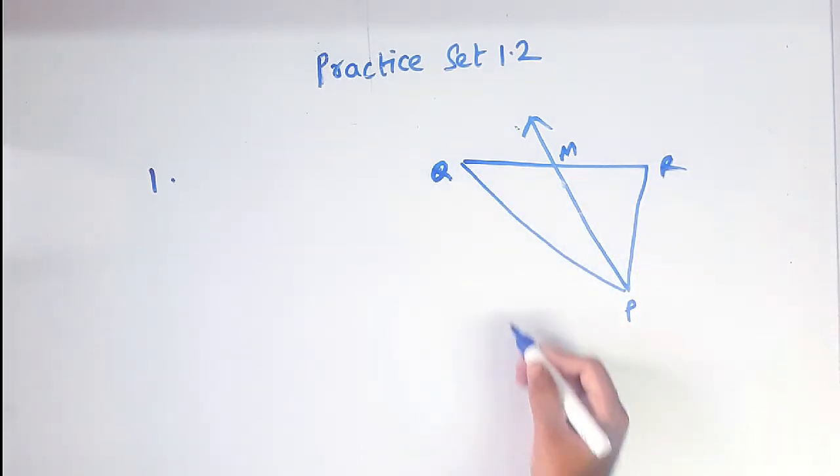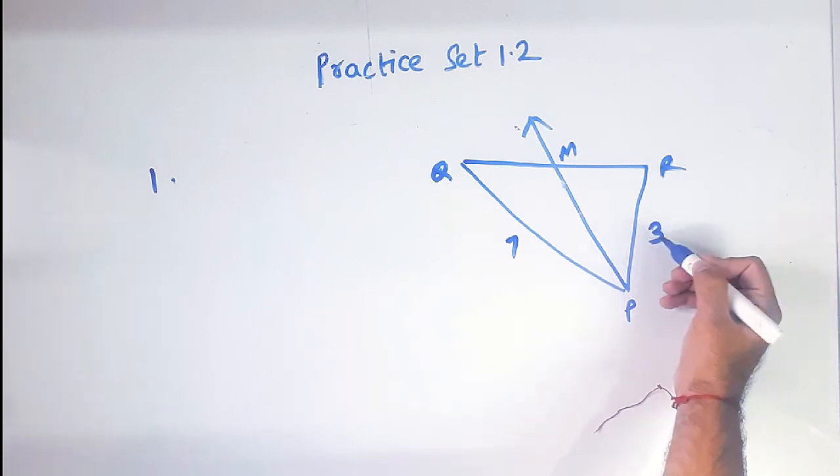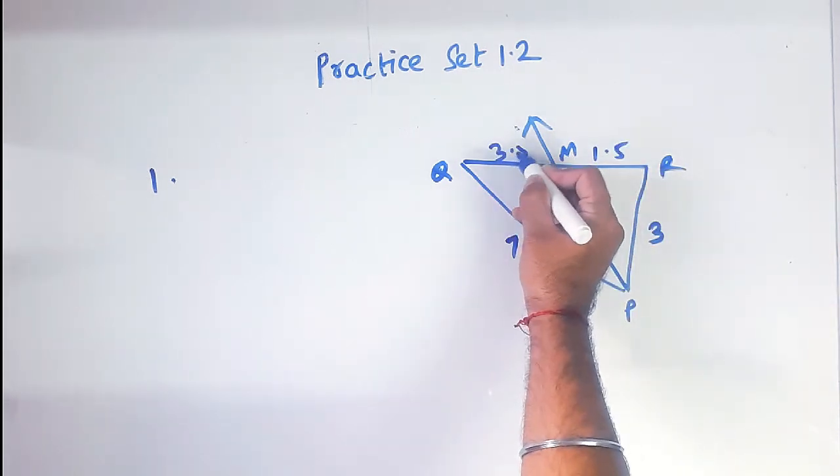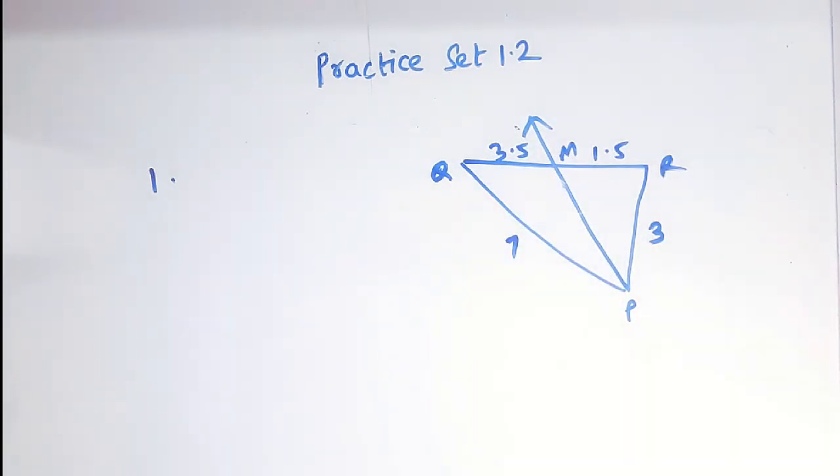Okay, now this is 7, this is 3, this is 1.5, and this is 3.5. Now, according to the angle bisector property, let us see what the angle bisector property is first.